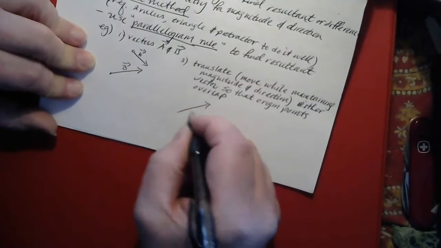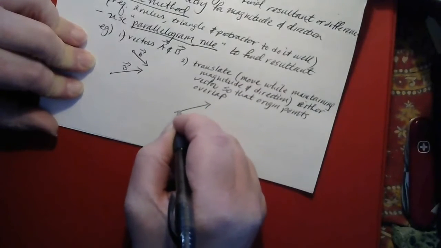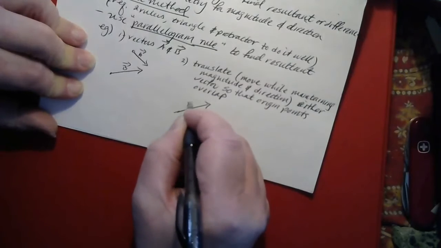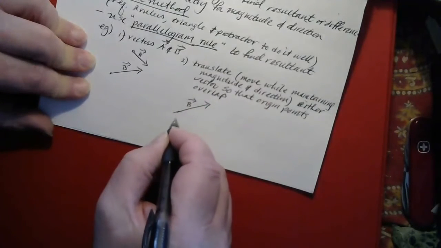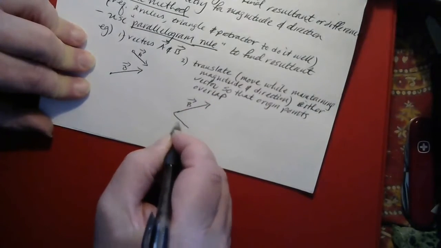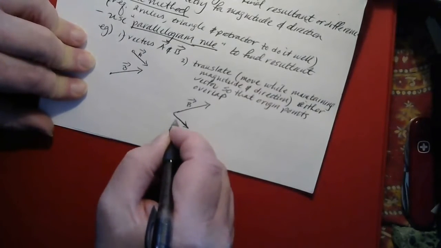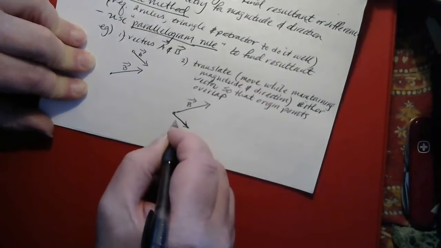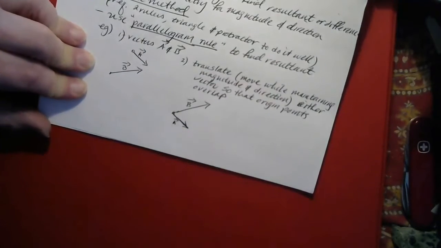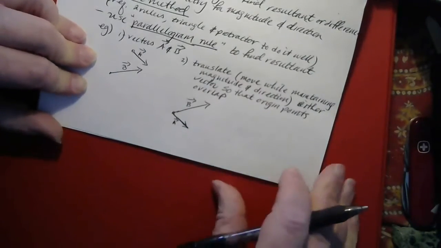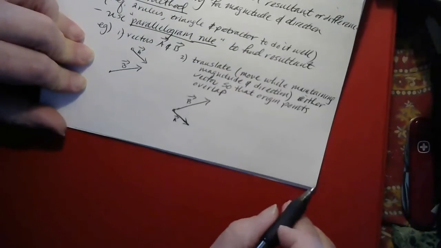And I'm trying really hard to get these the same magnitude and direction. That's kind of sort of close. Okay, so that's not too bad. Obviously, if you want an accurate answer, you're going to have to be much more accurate in doing these things than I'm being right now.